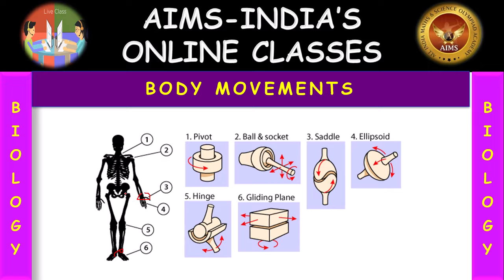Euglena is again a protozoan, which uses its flagellum. Earthworm uses its setae or muscles. Fish use myotome muscles and fins. Hydra uses its tentacles. Snail moves with the help of its muscular foot. These are some of the locomotory organs in animals.